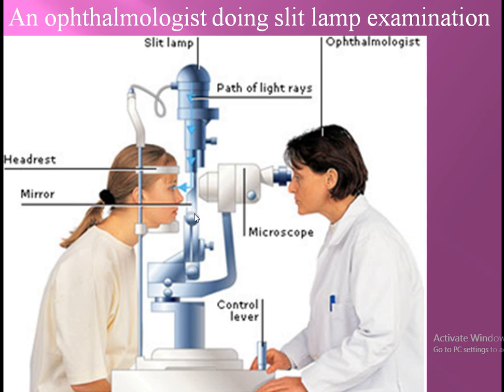That is what is going on superficially. You can see the blood vessels present on the sclera, and what is the condition of the pupil, lens, and also the cornea. All these things can be visualized in the best way through the slit lamp examination. But you cannot visualize what is going on after the lens.